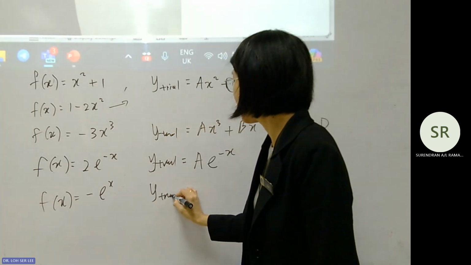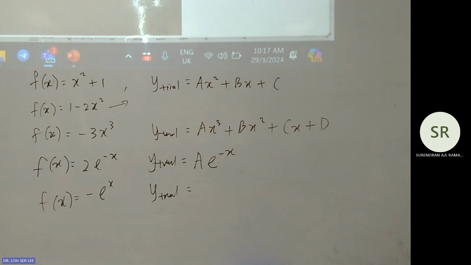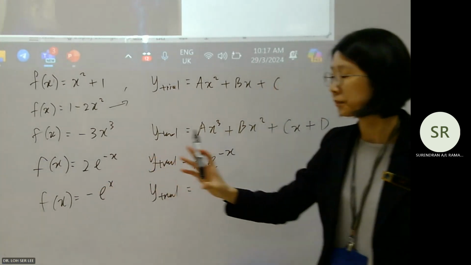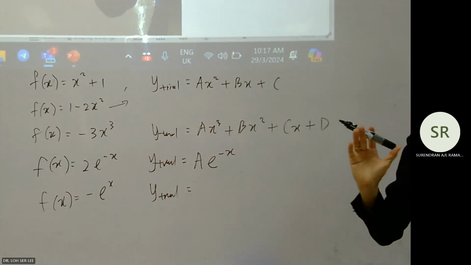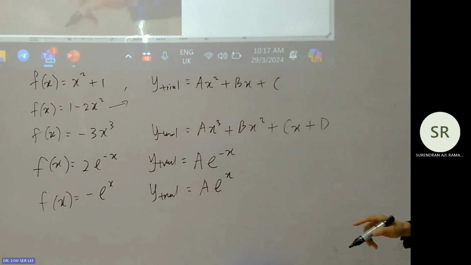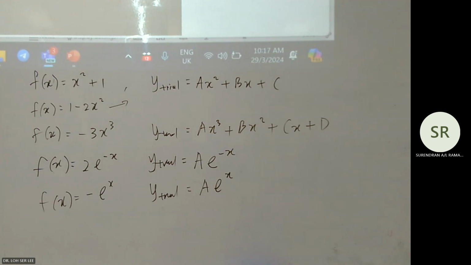So what is your y trial? The general form of this case is A e to the x. Yes, A e to the x, the general form.